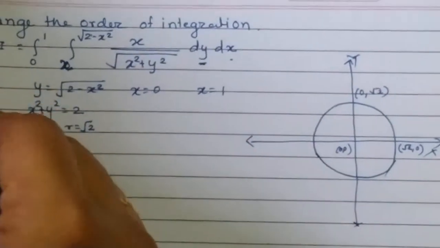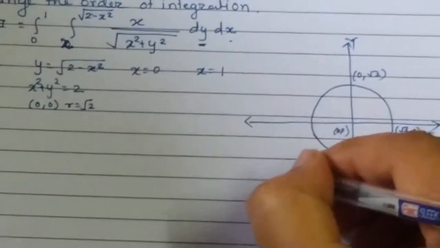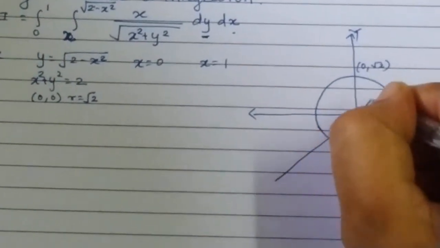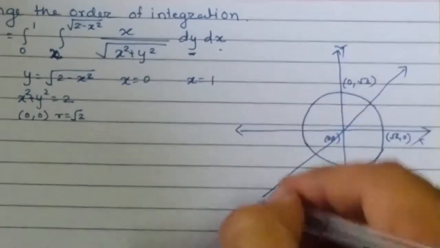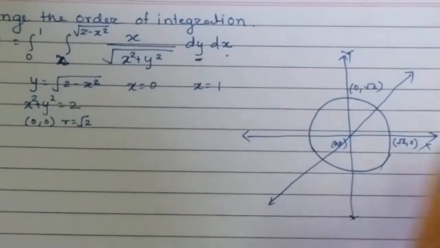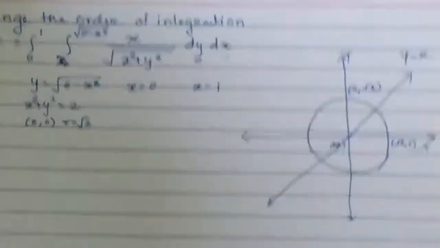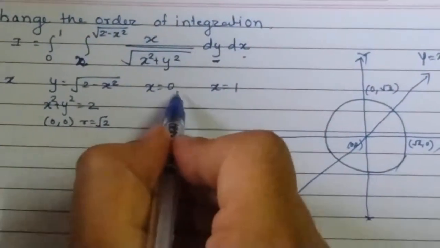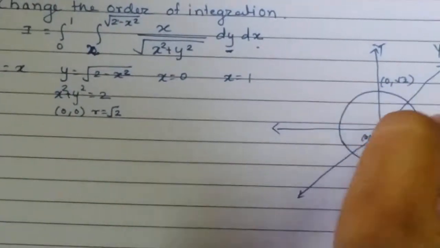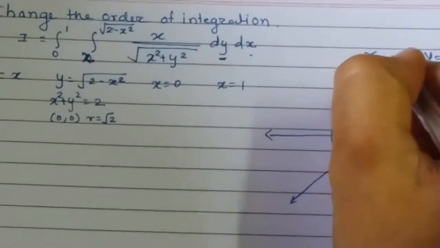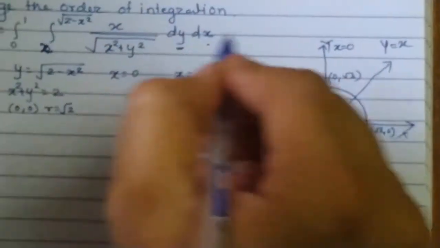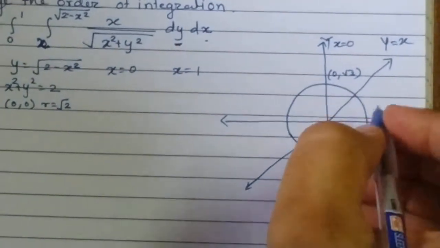Okay, next y equal to x. Y is equal to x is a straight line which passes through the origin and cuts the circle in 2 points. Next x is equal to 0. X is equal to 0 is the y-axis. Then x is equal to 1 is another line which is parallel to the y-axis.